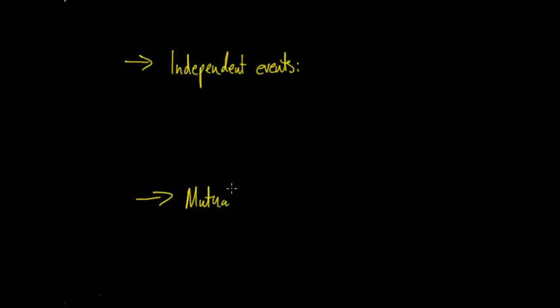Now, 2 other really important terms are independent events and mutually exclusive events. These 2 terms describe the relationship between 2 events. As I said, events are sort of subsets of what's occurring.